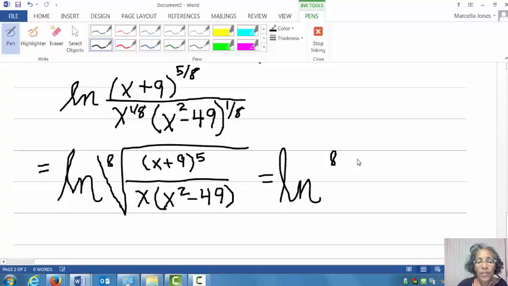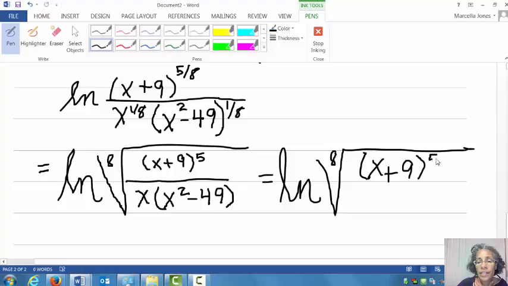So I need to factor x squared minus 49 into x minus 7 times x plus 7.